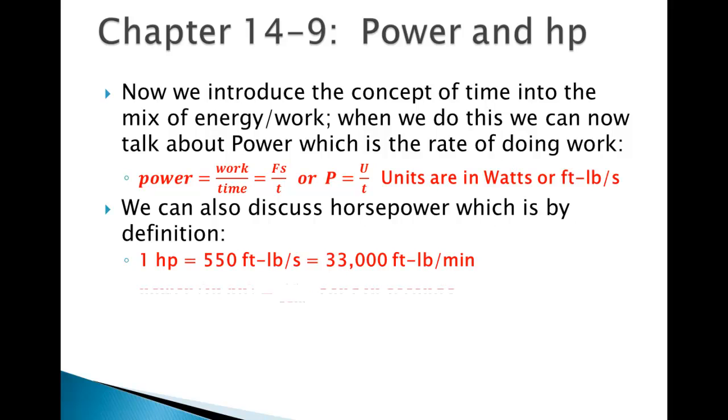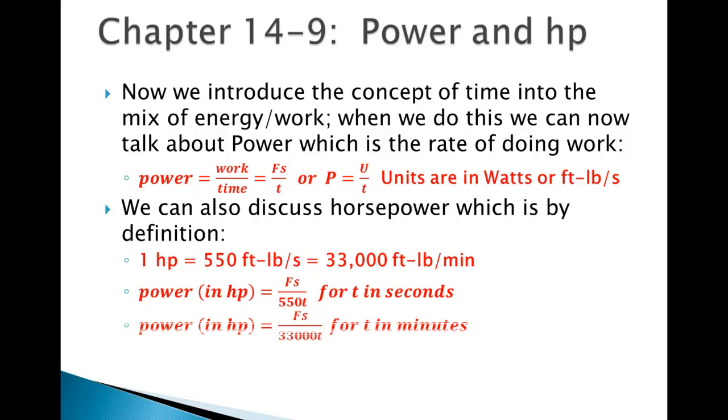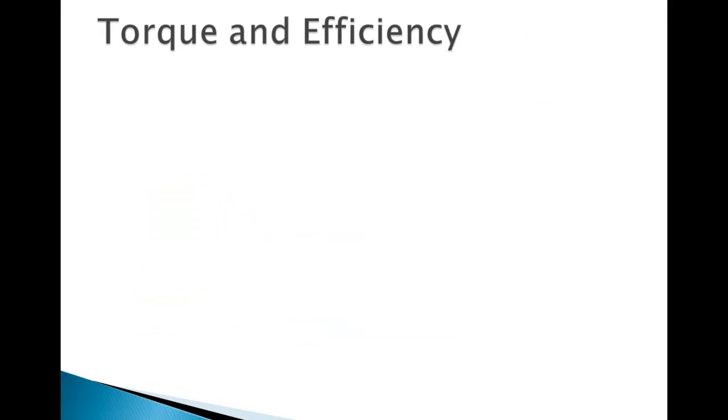From an equation standpoint, we can convert power and horsepower equals force times the distance over 550 times t, and this equation you only use when we're given t in seconds. But if you're given t in minutes, you get force times distance over 33,000 times t.